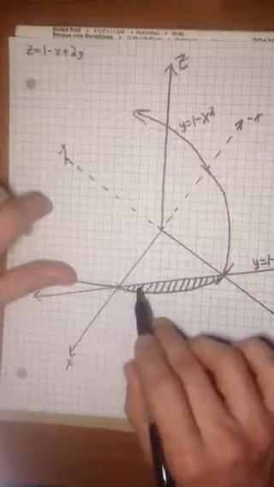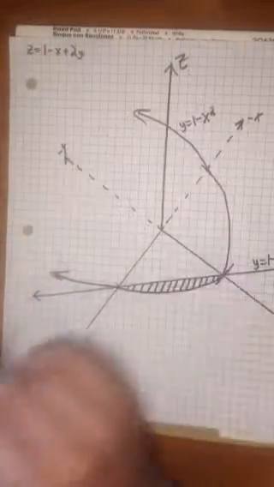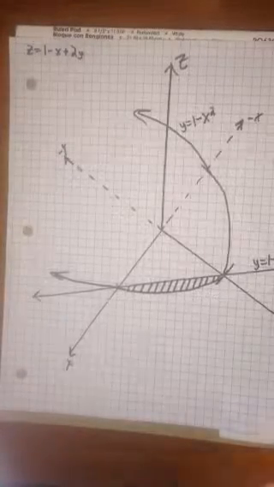Okay, so my region is going to be the intersection of these two, this region right here. We know that the plane is going to be up above this region. Okay, so if I was to turn this sideways, so you can see it from this view, my region is going to be over here, and it's going to project onto this plane.